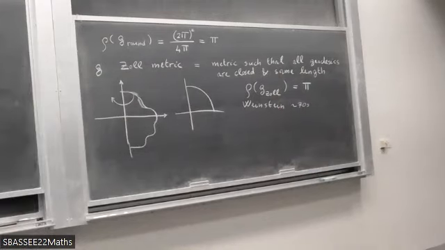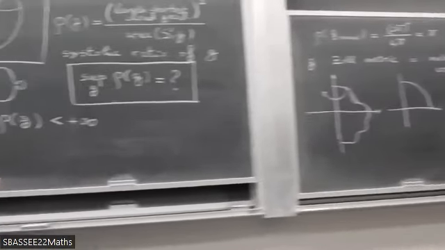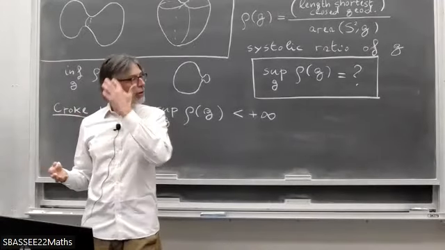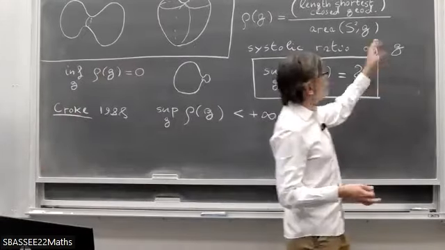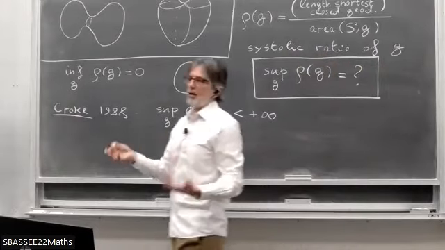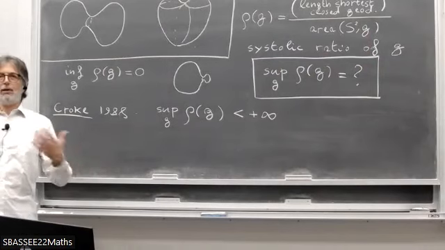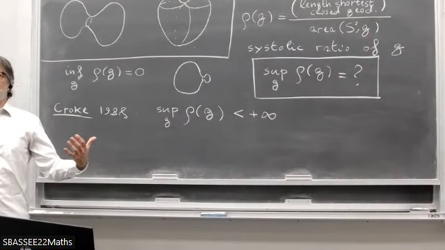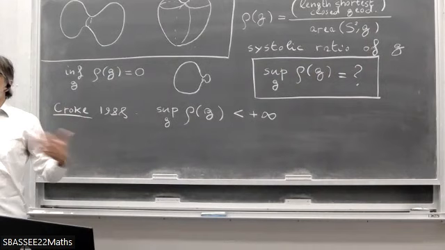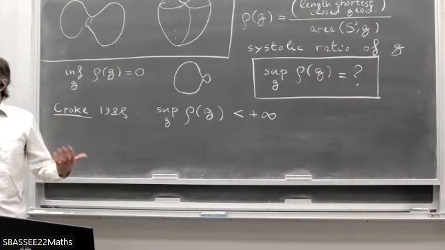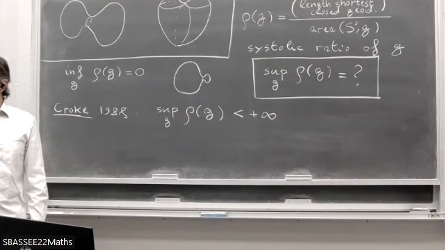Right, I guess the reason is that Zoll metrics, geometrically, are different from the round metric. However, the geodesic flows are conjugate, and then they have this systolic ratio.